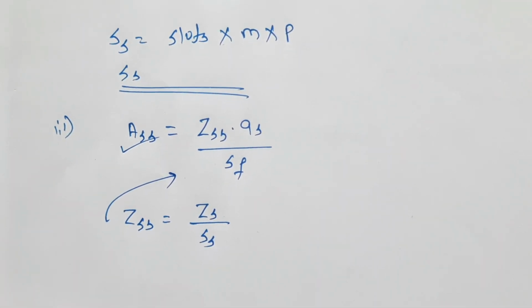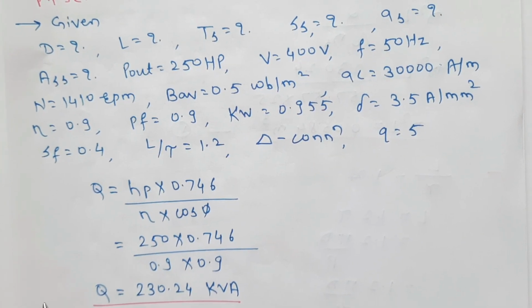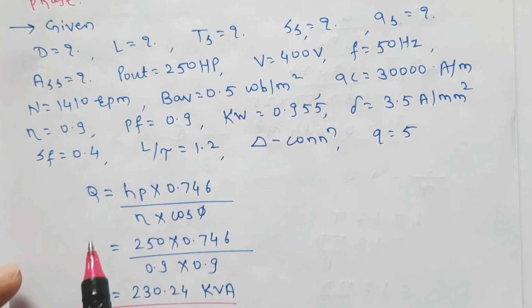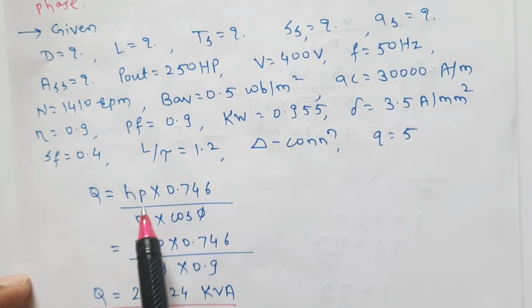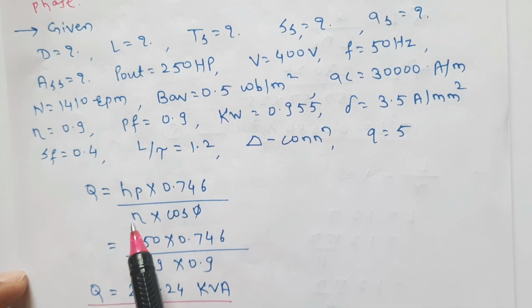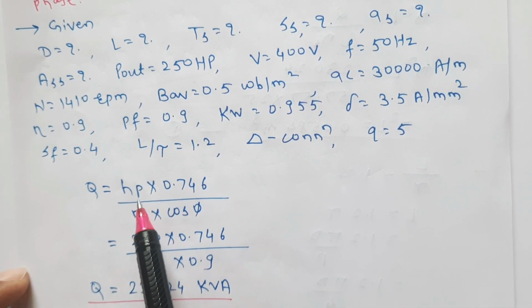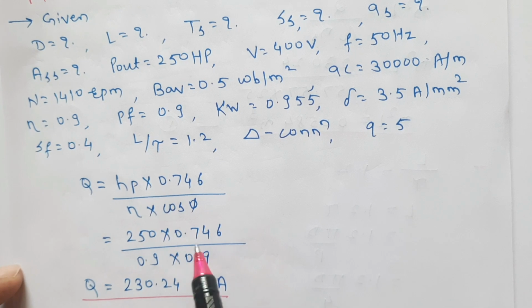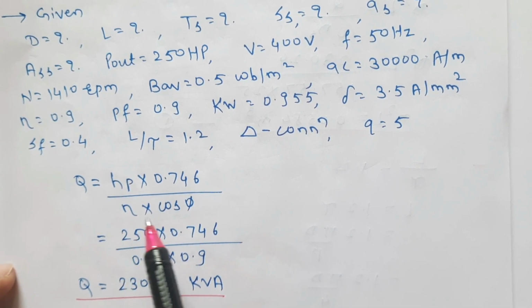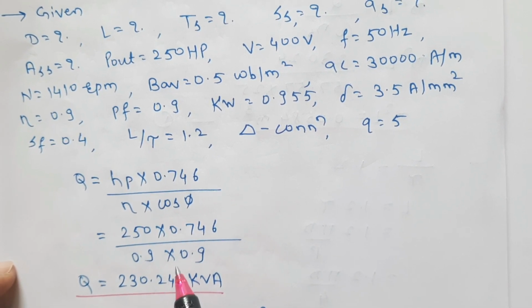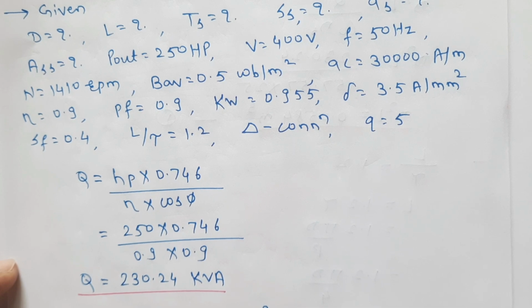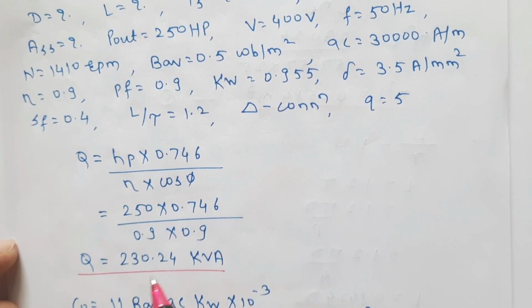Now we will solve the problem. The first step is to find the input kVA. Q is equal to HP into 0.746 divided by efficiency into cos phi. HP is given, that is 250 HP into 0.746 divided by efficiency, and cos phi is 0.9. Therefore, by solving this, we will get the value of Q is 230.24 kVA.